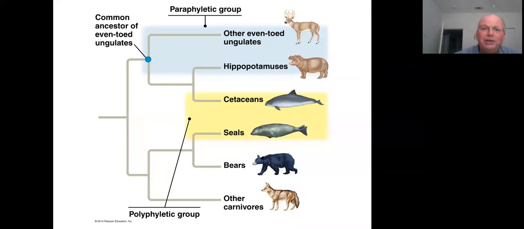To exclude the cetaceans from the artiodactyls would create a paraphyletic group, which was the situation for a long period of time until the DNA evidence really confirmed what the fossil evidence had already indicated. So cetaceans really did share a common terrestrial ancestor with all artiodactyls.